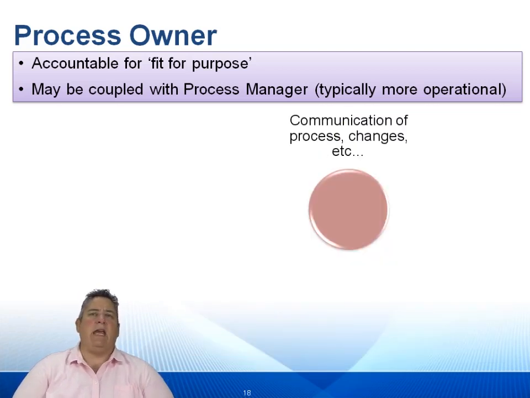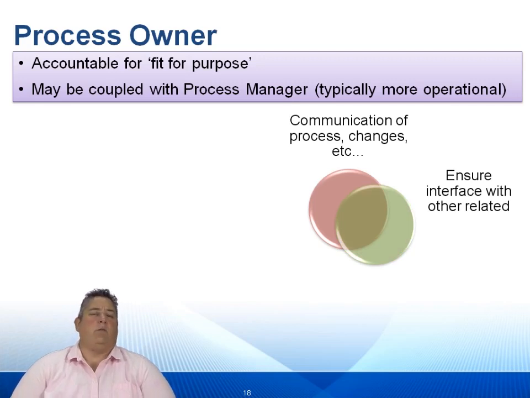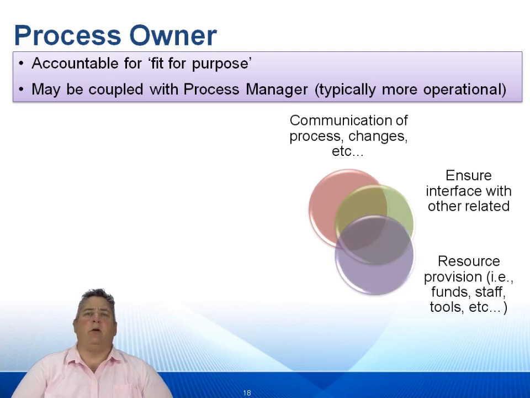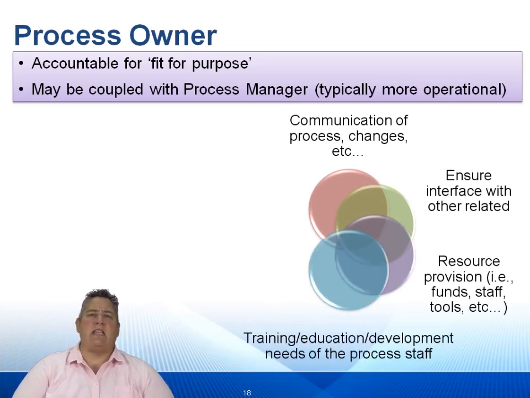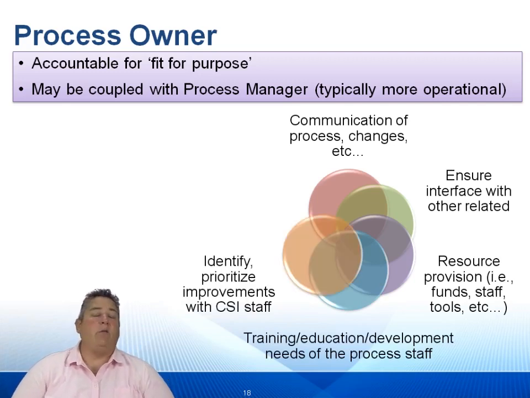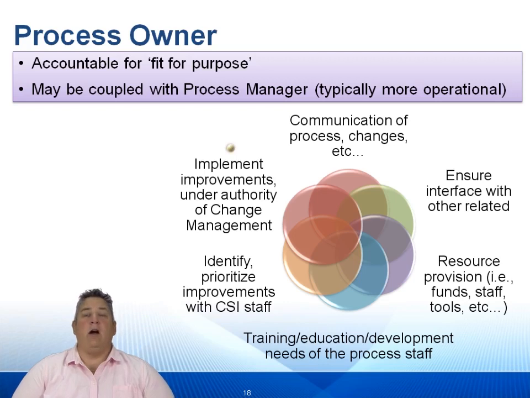Also about communicating that process across the organization in terms of what does the process do, changes, making sure that it appropriately interfaces, that we have the appropriate funding and staffing and tools, making sure that the training takes place, and that we improve across as needed by the organization. Now, any improvements that are discussed, of course, will be implemented under the authority of change management, but through the support of that process owner.